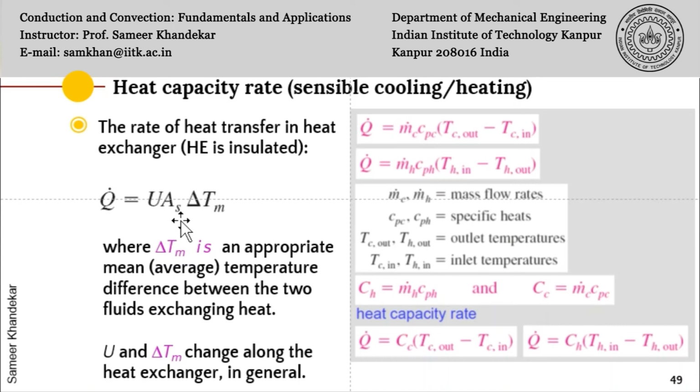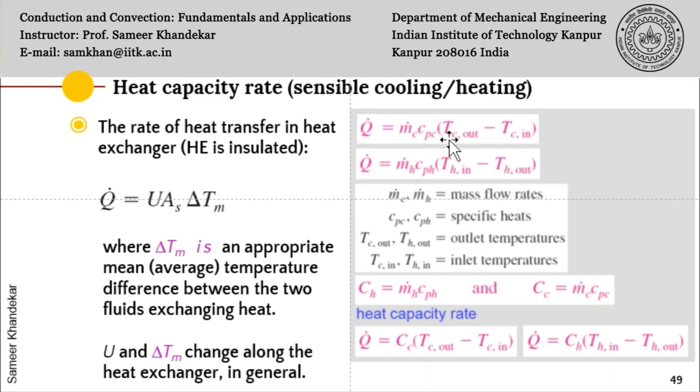So now let us quantify further what happens individually to the two fluids which are flowing. So you can write Q dot is equal to m dot c, where the subscript c corresponds to the cold fluid. So Q dot is equal to m dot c, the mass flow rate of the cold fluid, into Cpc, which is the specific heat of the cold fluid, into Tc out minus Tc in.